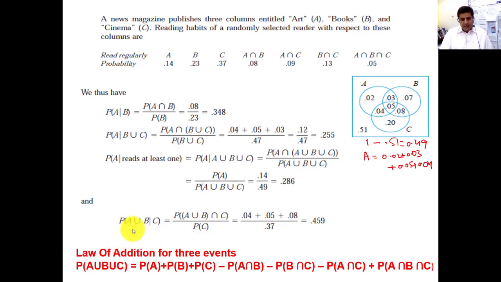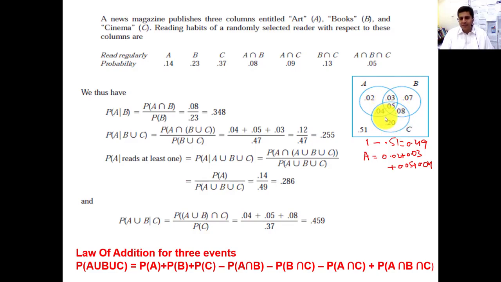Similarly, if they ask you the probability of A union B given C, if they want to apply the concept of conditional probability, now you need to consider A union B as a single entity. Let's suppose this is Z. So probability of Z intersection C divided by the probability of C. So A union B: this circle and this circle intersecting with this circle.